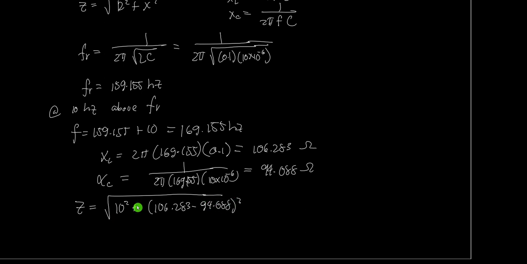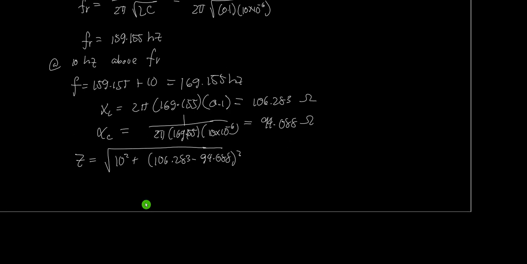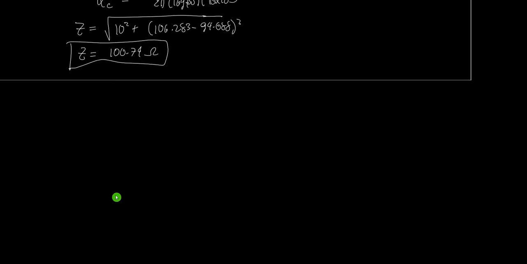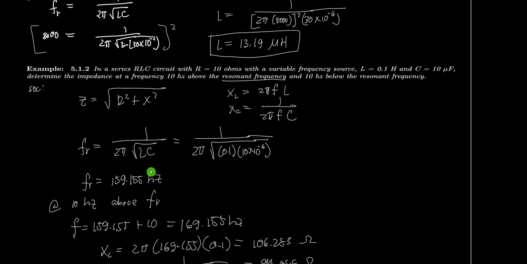So Z now will be equal to 100.74 ohms. This is the impedance at 10 hertz above the frequency.